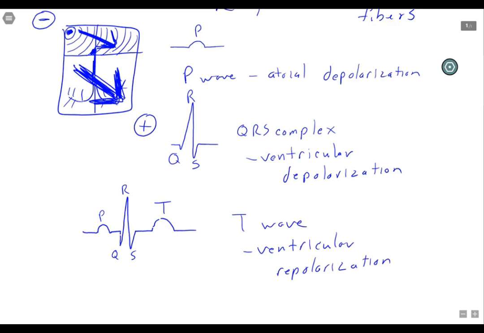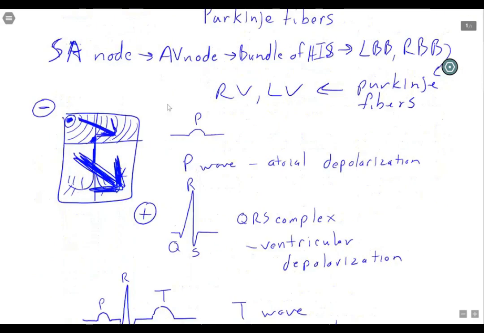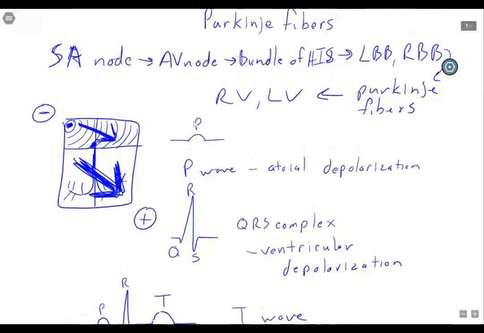What we do not see on the ECG is where the atria repolarize. They obviously do repolarize, we just don't see it. Okay? So, your heart normally will start depolarization at the SA node at 60 to 100 beats per minute. And so that wave of depolarization goes across the atria, and that gives you a P wave.